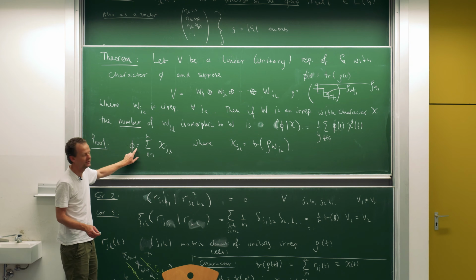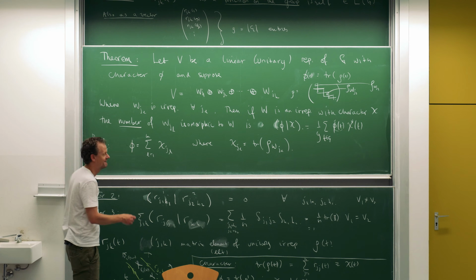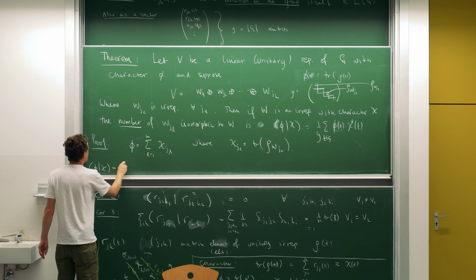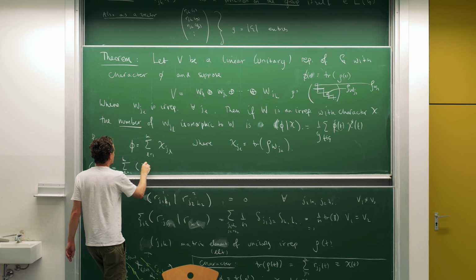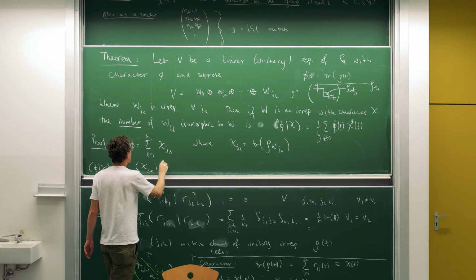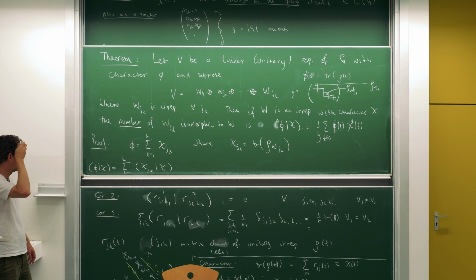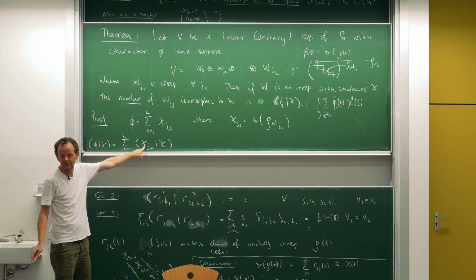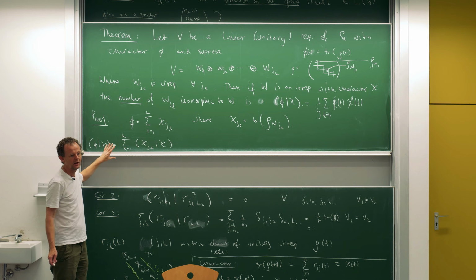Okay, I'm going to input this information into this equation here. But let's look. Yep, it's still there. Each of these are characters of an irreducible representation. What can these numbers be equal to? We only have two possibilities, right?